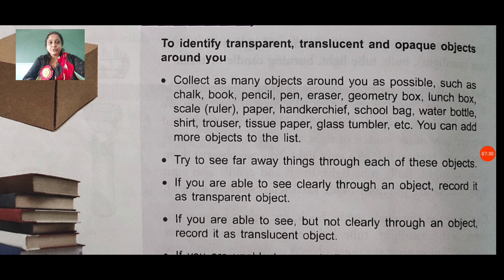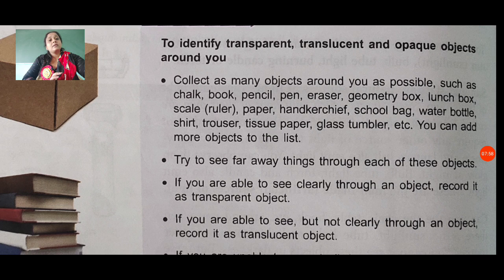If you are able to see clearly through an object, record it as a transparent object. If you are not able to see through it, it is opaque, and if you are able to see partially, it is translucent.